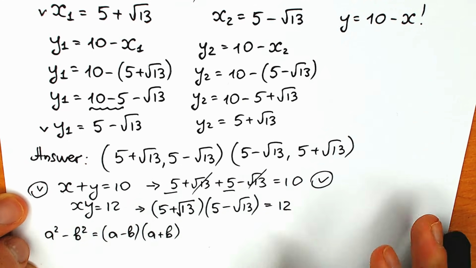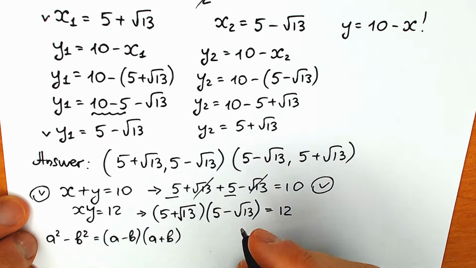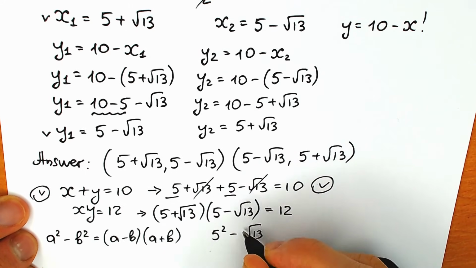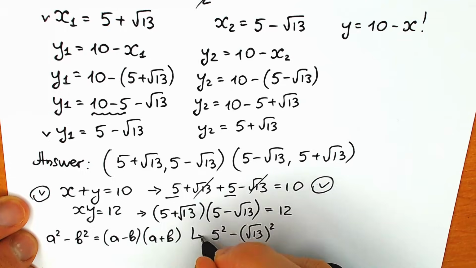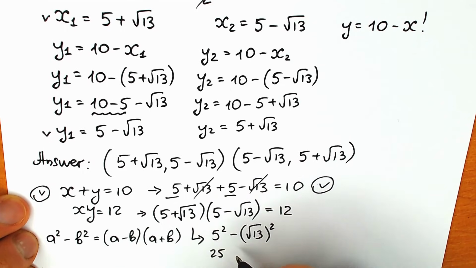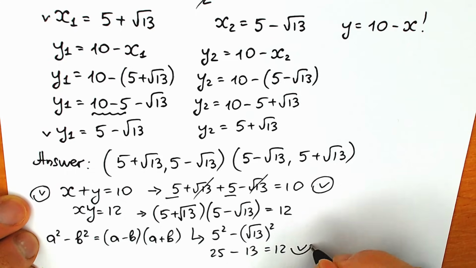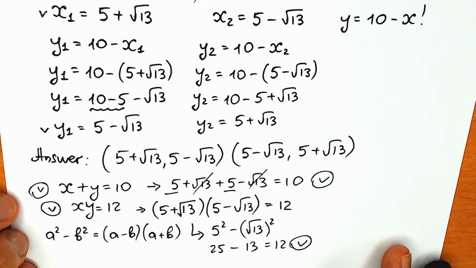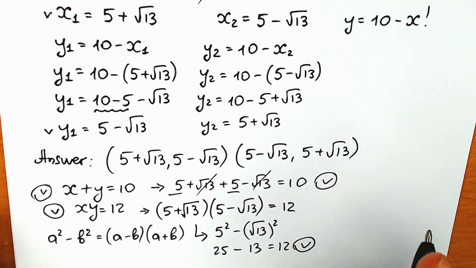This is a difference of squares. So right here we have 5 square minus square root of 13 square. As a result, this is equal to 25 minus 13 equal to 12. So everything is great. Our answer is correct to this question.